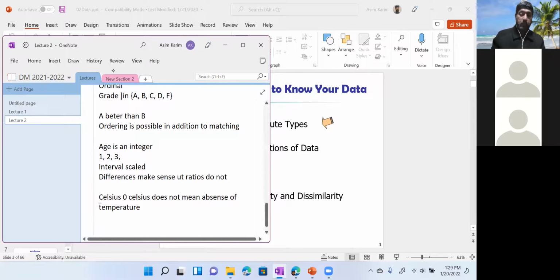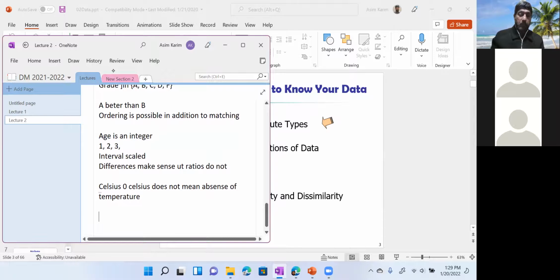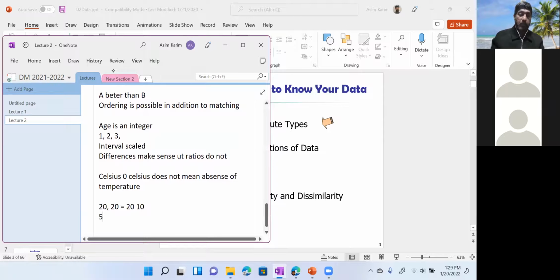So in this case, of course, if you have a temperature of 10 degrees and you have a temperature of 20 degrees, the difference is, of course, 10 degrees. And similarly, if you have a temperature of 5 degrees and you have a temperature of 15 degrees, the difference is again 10 degrees. So those differences make sense. But the ratios would not, because you don't have an absolute zero.